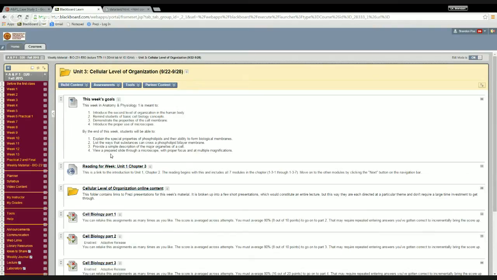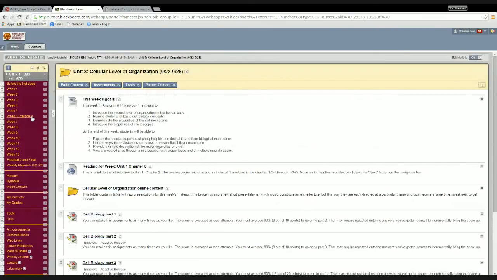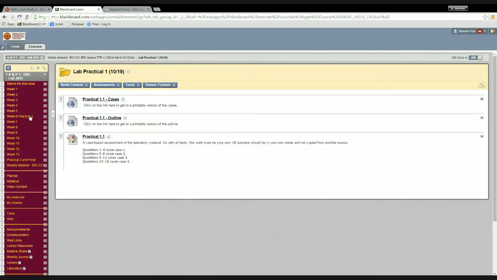And while we're on the unit or week 3 material, unit 3 material, which is the cellular level organization, I'm actually going to go to a different folder for a little while to show you where we're going to get the basis of what we're doing this week, which is going to be the week 6 folder, which is the practical exam.